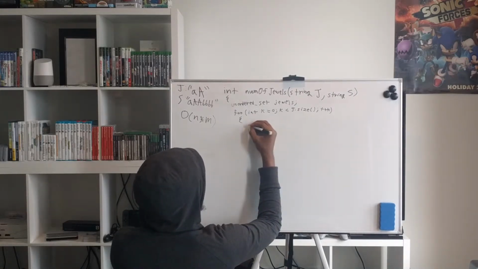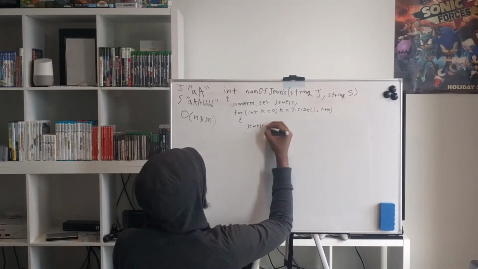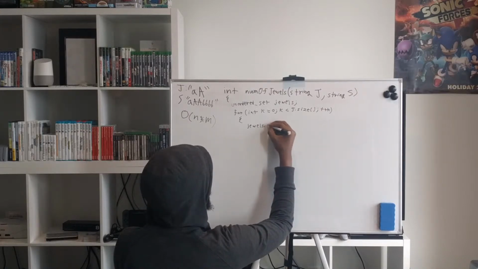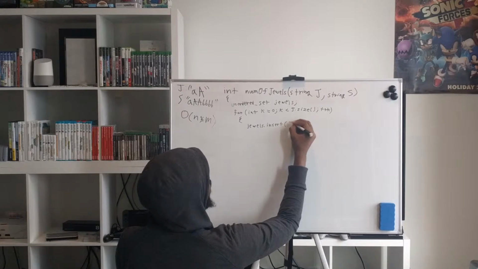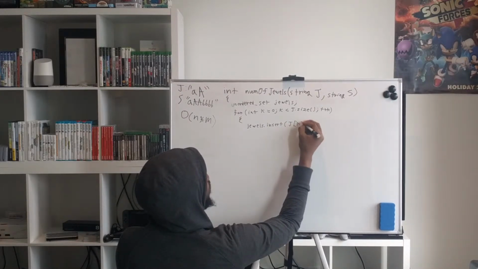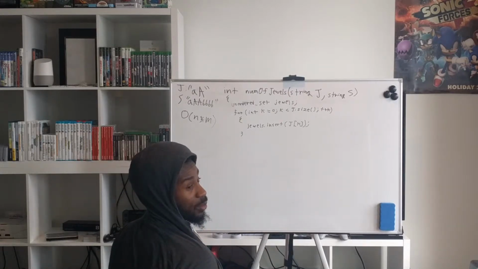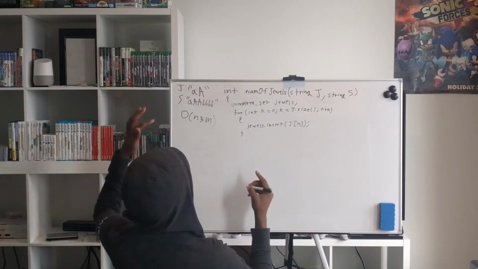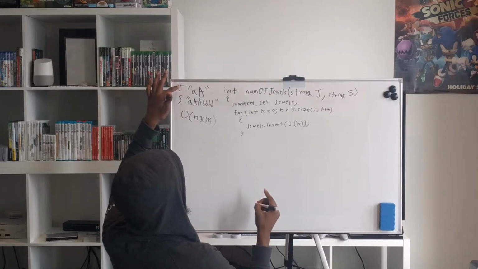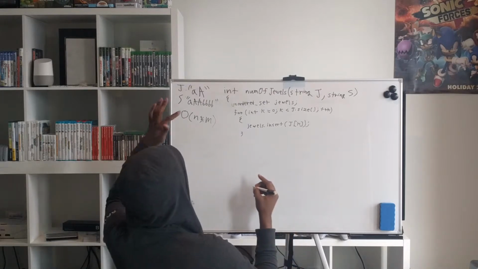We're basically going to say jewels dot insert j of k. Now you have a set that will contain the characters in J, the characters that are jewels, and we can look them up in constant time, all the characters in here.